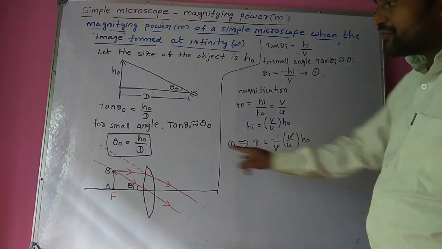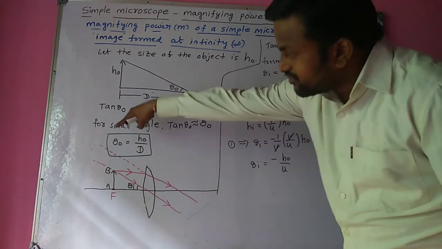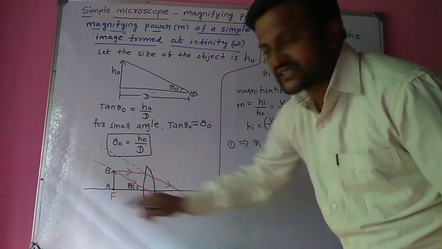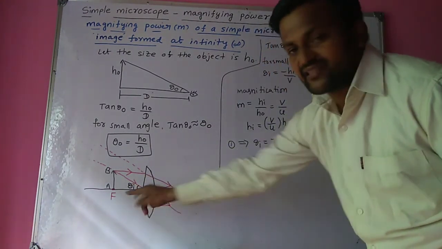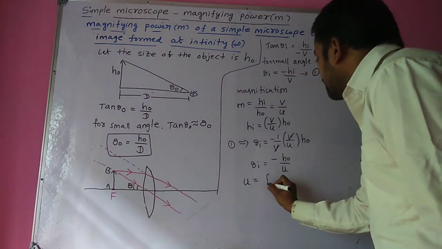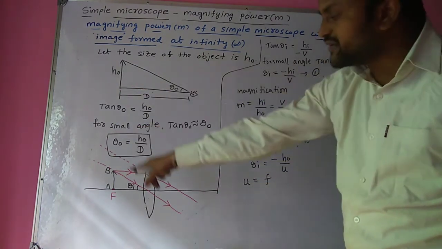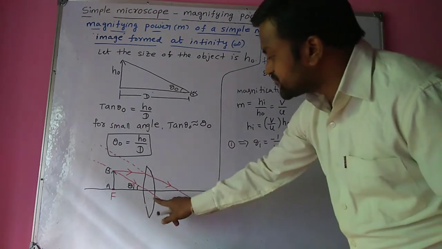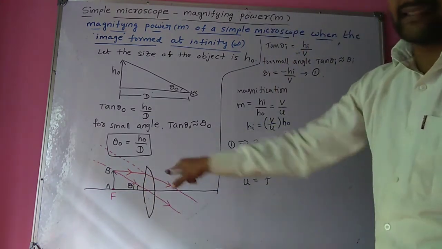Here HO is the height of the object, U is the object distance. To form the image at infinity, we need to place the object at the principal focus. That means object distance is nothing but F, the focal length. The distance from the optic center to the principal focus is called the principal focal length.